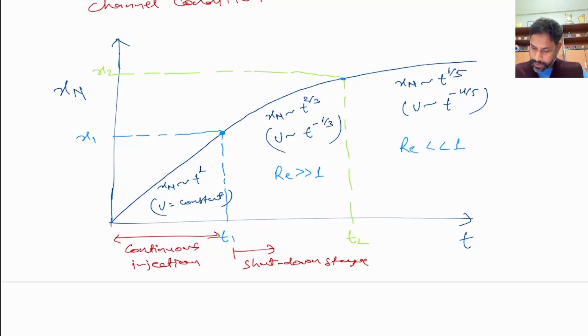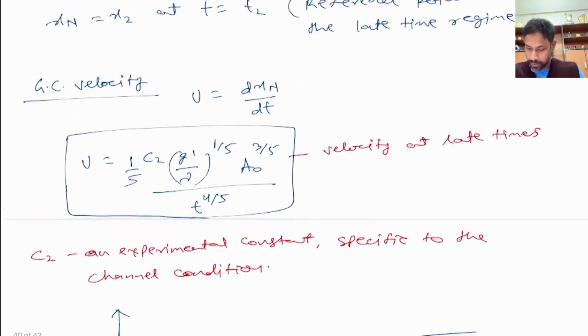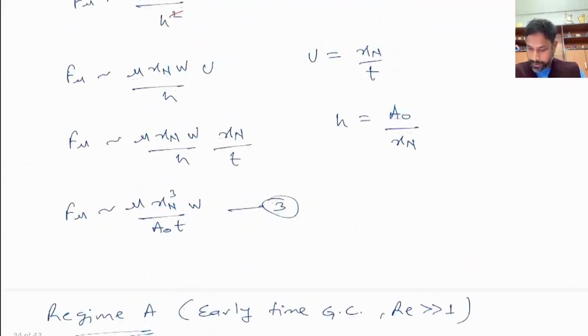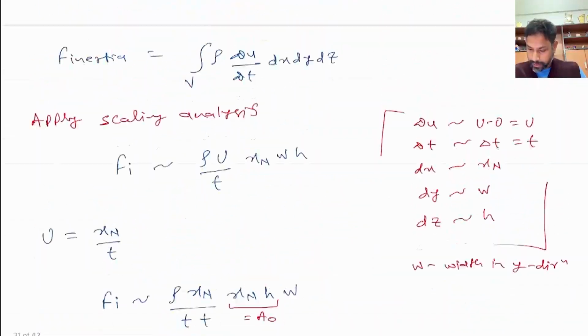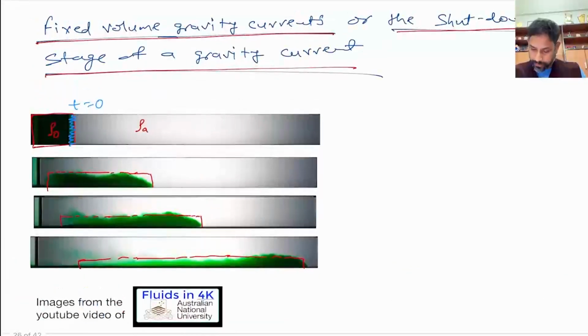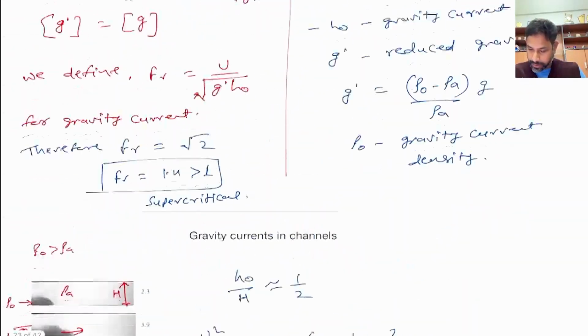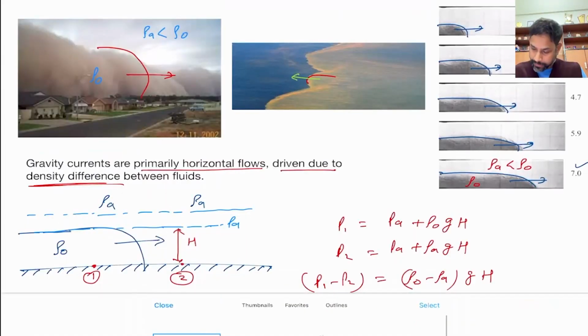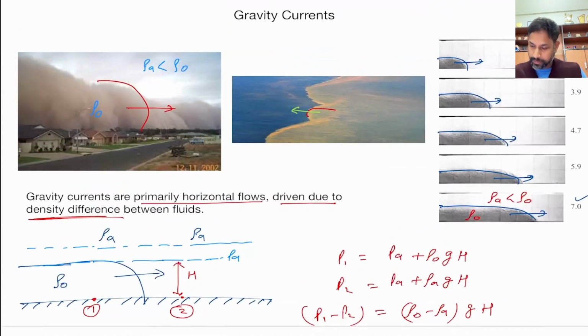As you can see how it goes from very early time till late time, and now this kind of model can be used to predict gravity current behavior in the atmosphere and in a channel like here, or in this kind of gravity current that we analyzed previously, right? Here we saw some different examples of gravity currents.